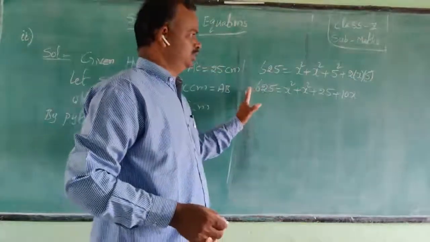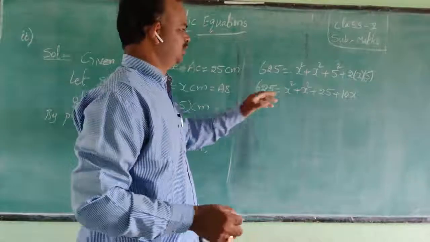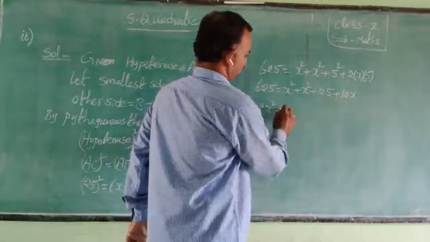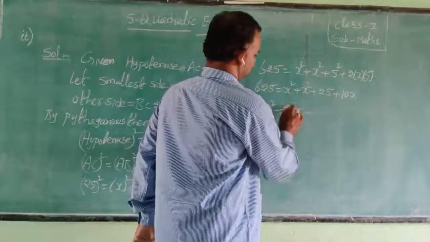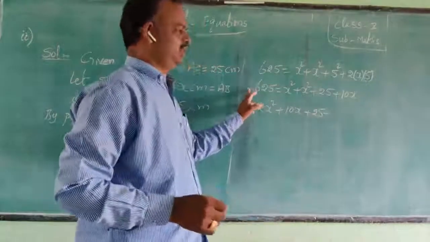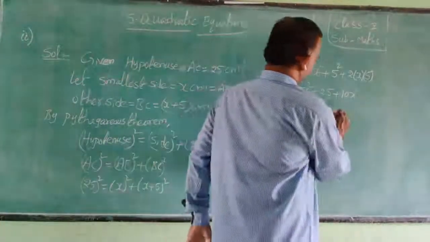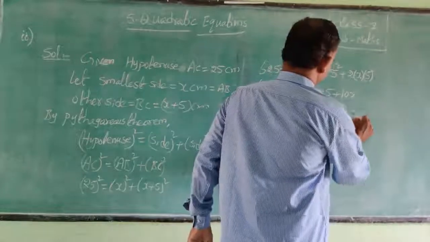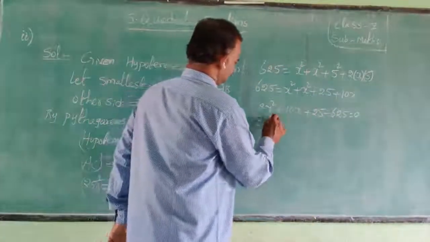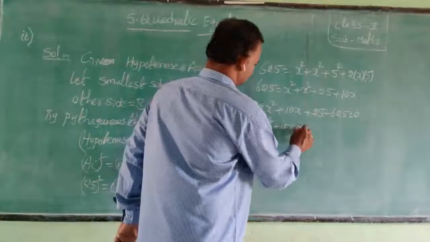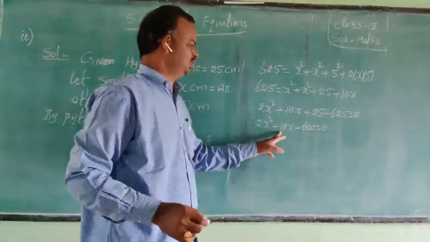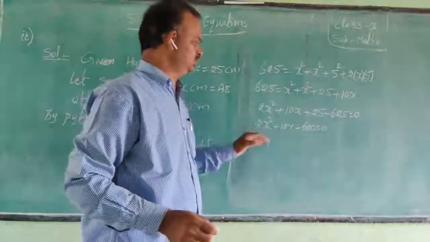Now we are transposing 625 to this side. X square plus x square, 2x square, plus 10x plus 25 minus 625 is equal to 0. Two x square plus 10x minus 600 is equal to 0.